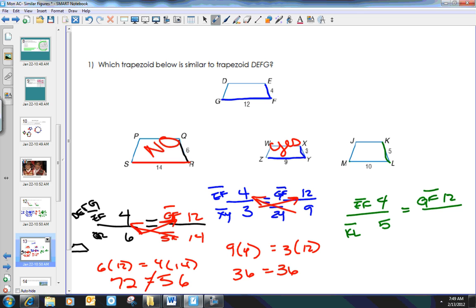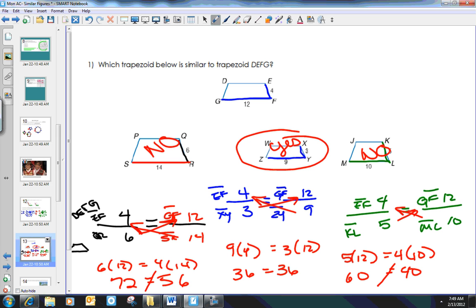And the corresponding segment is ML, and that is 10. Does 5 times 12 equal 4 times 10? Well, 5 times 12 is 60. 4 times 10 is 40. I'm going to put a line through this equal sign. That means does not equal. 60 does not equal 40, so that's not similar. So this one is also a no. So our yes trapezoid is the middle one. It is the similar trapezoid.